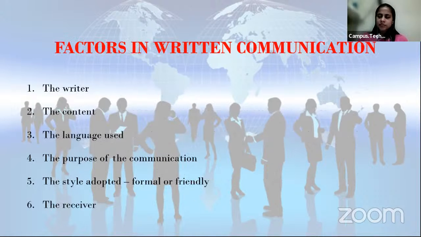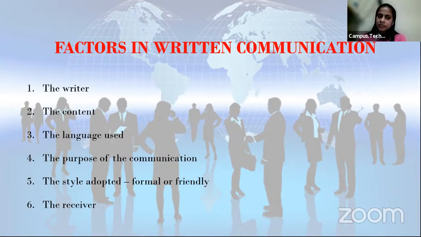Next, what are the factors in written mode of communication? Like, who all are involved in this written communication? The first factor is the writer, the originator of the message. Either the representative of the originator or the originator himself will have to write the message.